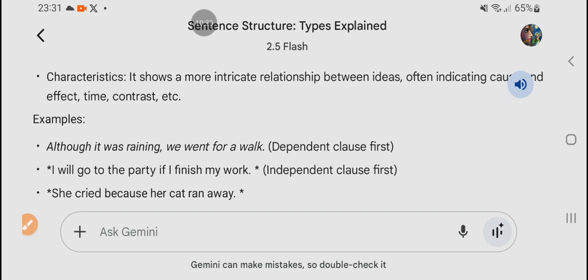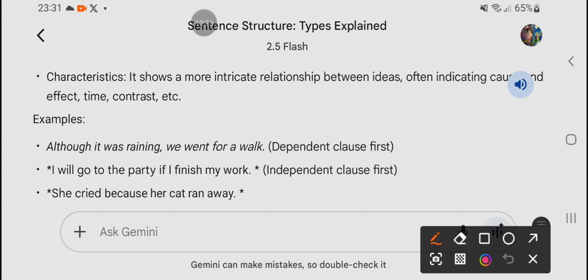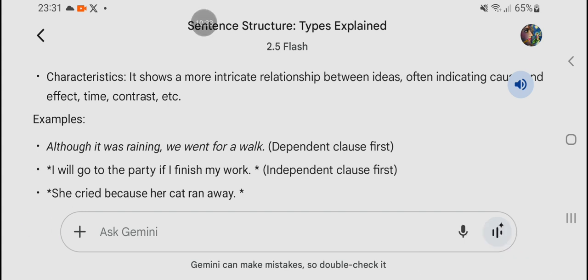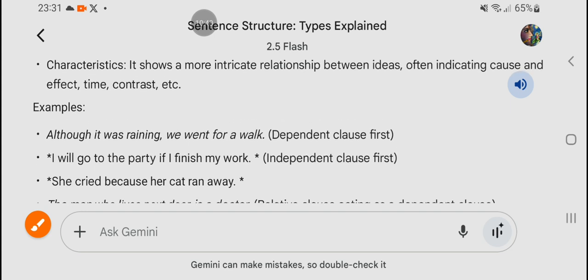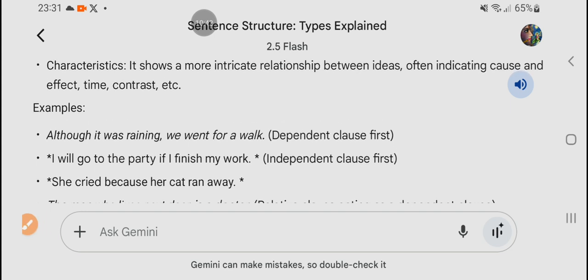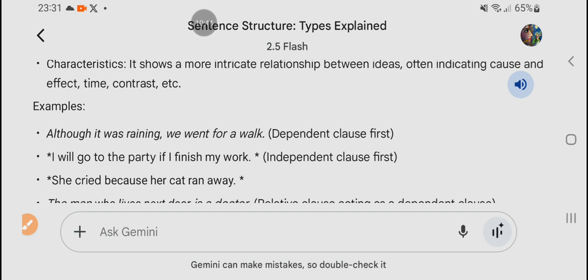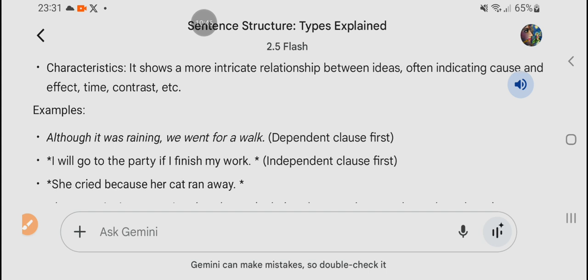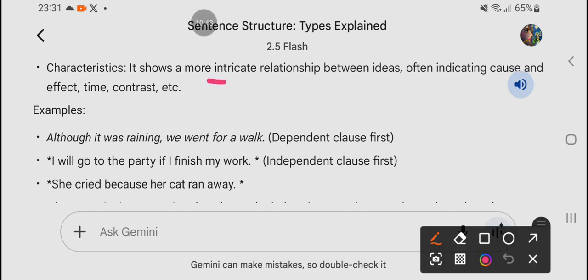Characteristics: it shows a more intricate relationship between ideas, often indicating cause and effect, time, contrast, etc. So complex is a little bit complex, an intricate relationship between ideas, right?